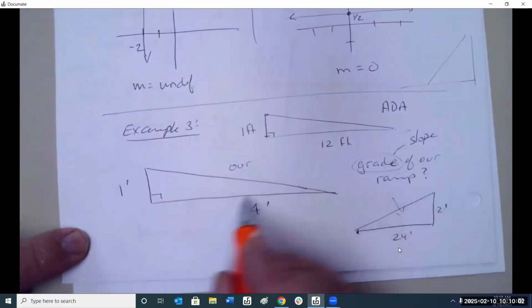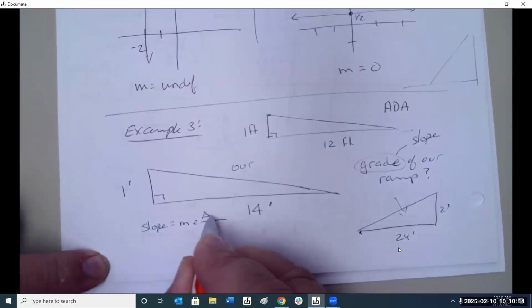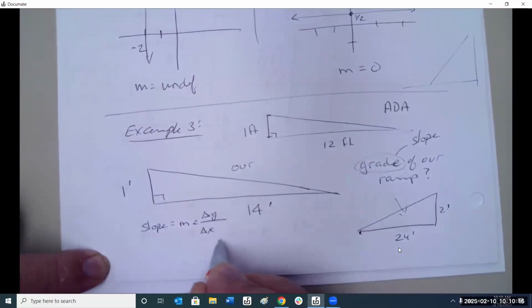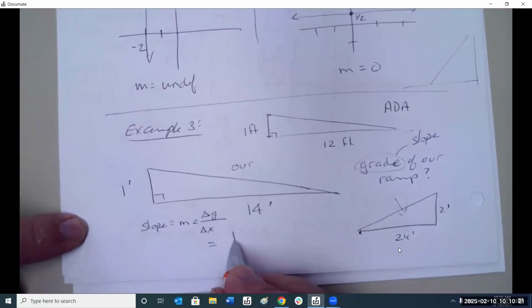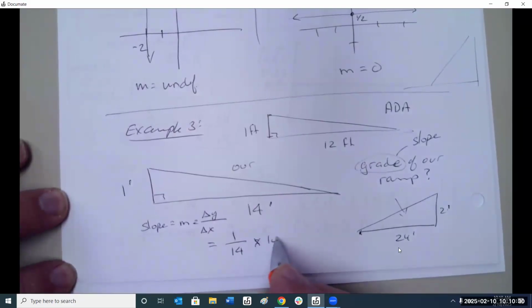So what's the grade of this? Or what's the slope of this ramp? What's the formula for slope? Yeah. Change of y over change of x. So what is the change of y in this one? 1 over 14. And you do that, multiply by 100, you get a percent.